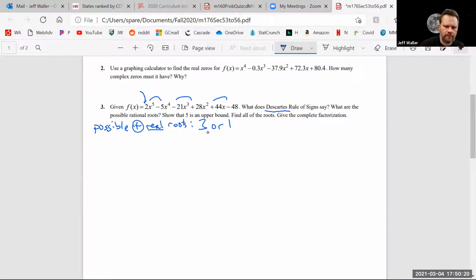What about negative? What do I have to do to figure out negative real roots? Change the sign. Yeah, so I plug a negative x in, and I'm just going to write the signs down. So every odd powered term, the sign's going to change, right? Every even powered term, the sign's going to stay the same because the even power is going to kill the negative.